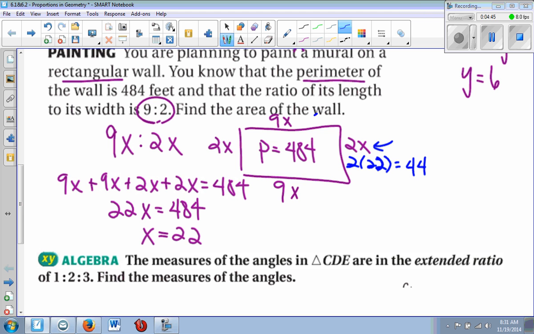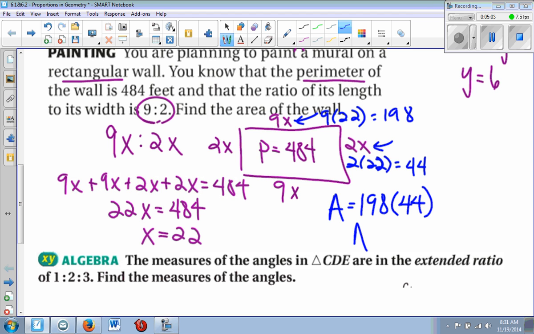I can plug 22 in up here, and 9 times 22 should give me a value of 198. And if I want the area of the wall, it's a rectangle, and to find the area of a rectangle, I just have to multiply. 198 multiplied by 44 is going to give me 8,712 square feet.